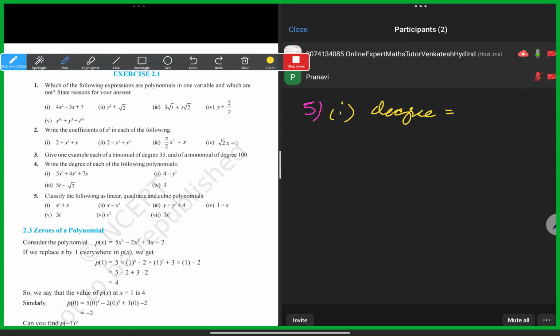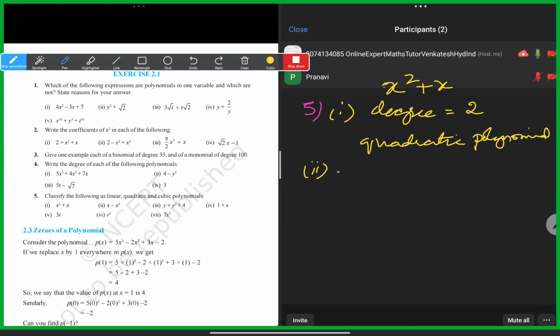How much is the degree for the first one? 2. Yes, Pranavi. So it is a quadratic polynomial.